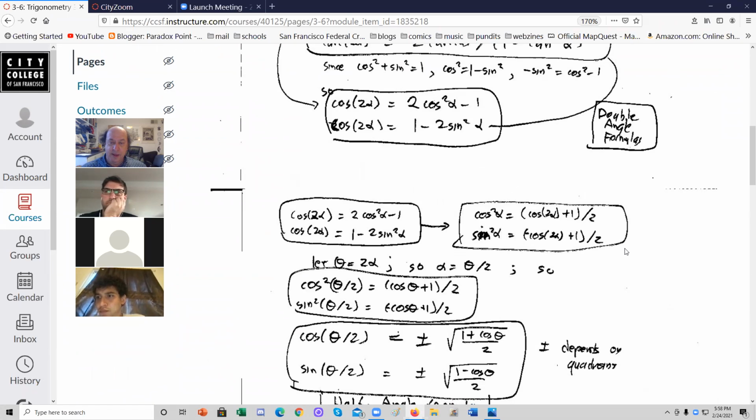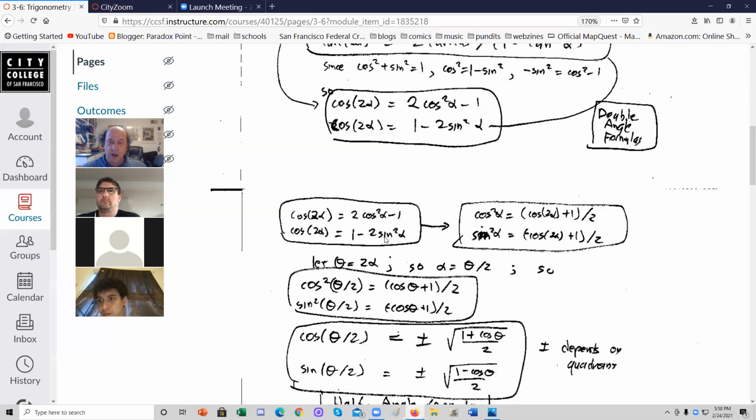Now, I'm going to start off with these two versions of the double angle formula for cosine, and let's derive a half angle formula. The idea is that starting from each of these, we'll solve for cosine alpha in terms of cosine 2 alpha. So from here, after a bit of algebra, cos squared alpha is cosine 2 alpha plus 1 divided by 2.